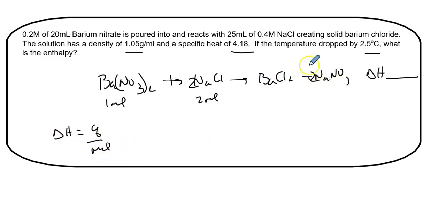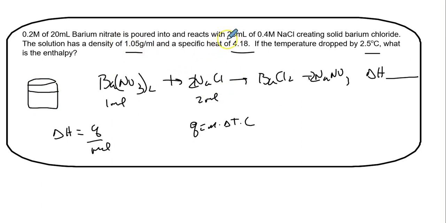Q is just going to tell us how much energy the water substance collected. Q equals mass times change in temperature times the specific heat. The mass was the total mass of the whole solution. Keep in mind we just mixed these 2 solutions together, and they're telling us that the density is 1.05, so it's a little bit more than 1.